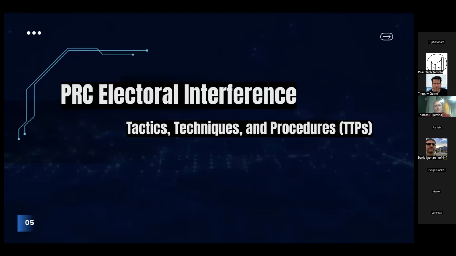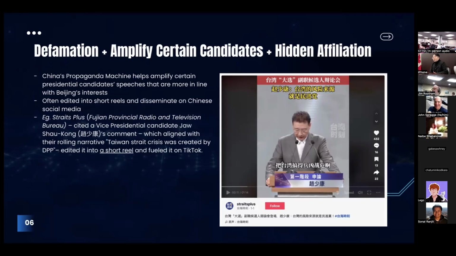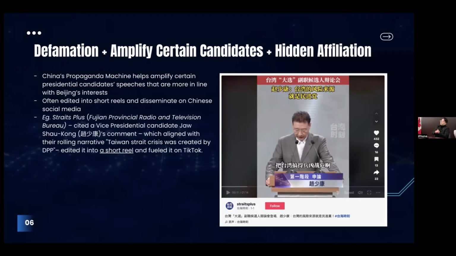So let's dive into how the PRC manipulates different tactics, techniques, and procedures to conduct foreign interference and electoral interference. First, this is a case from last year, the presidential and legislative elections in Taiwan. There are multiple tactics in a certain influence operation campaign.